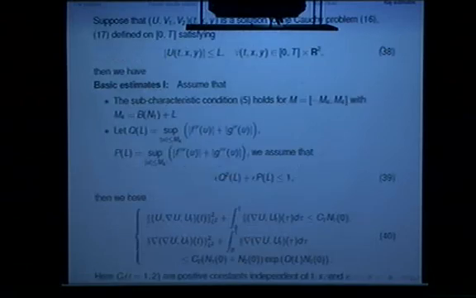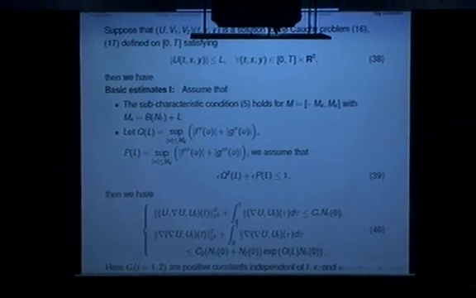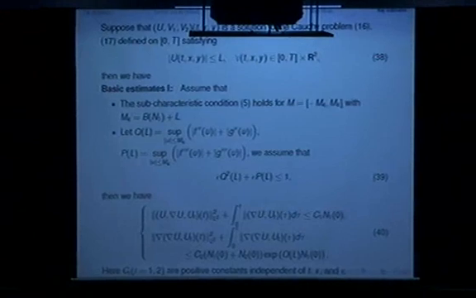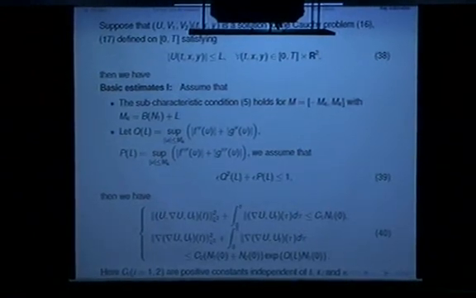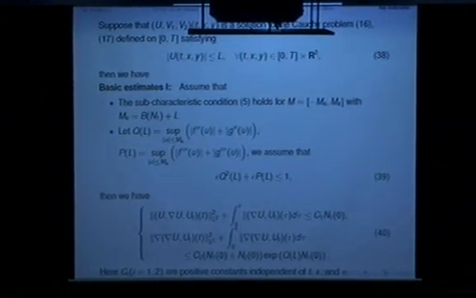And then the second type: we now deduce some type of estimates. For example, if you assume that the solution has been extended, defined on the time interval 0 to capital T, and the L infinity norm is bounded by L, then we can have this basic energy estimate.